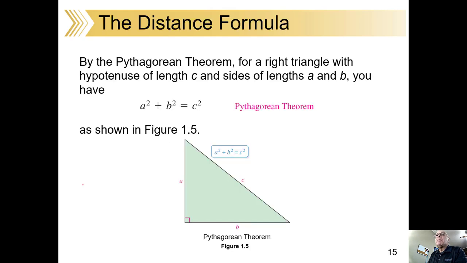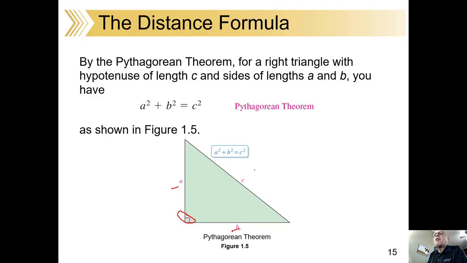So first of all, to use the distance formula, you need the Pythagorean Theorem. Most likely all of you have taken geometry and you're familiar with the Pythagorean Theorem. A squared plus b squared equals c squared. A and b represent the lengths of the legs. Those are the parts of the triangle that make up the right angle. Put those together and you've got a 90-degree angle.